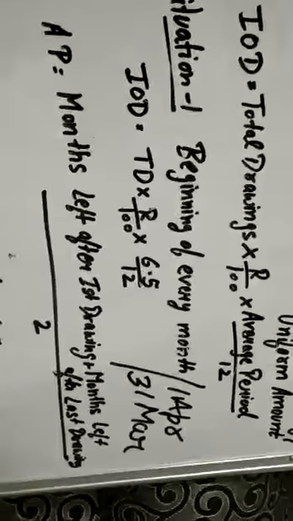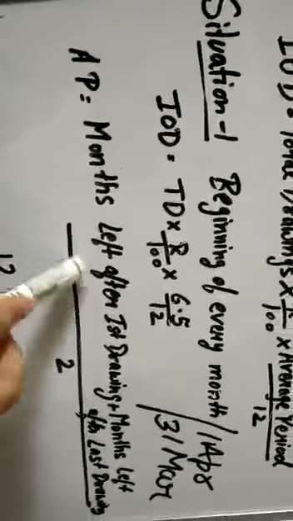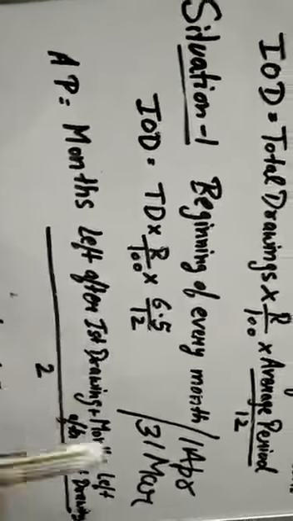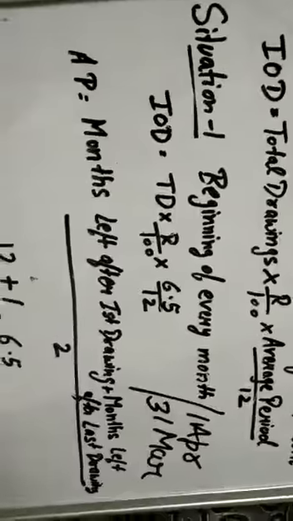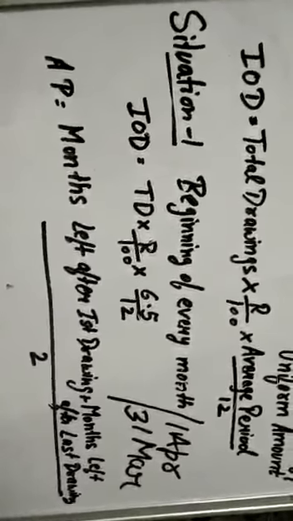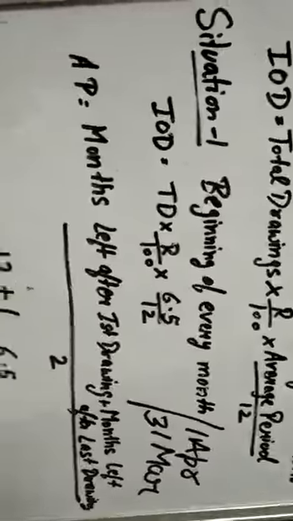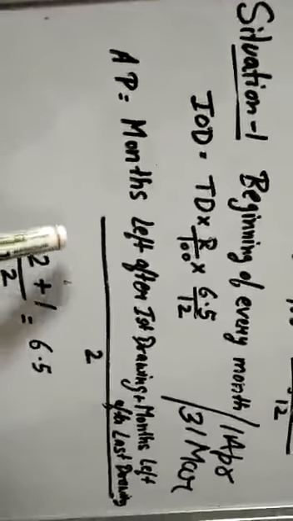How many months are left? 12 months are left after the first drawing. That means they have withdrawn the first amount on 1st April, and a total of 12 months are left in closing the year.